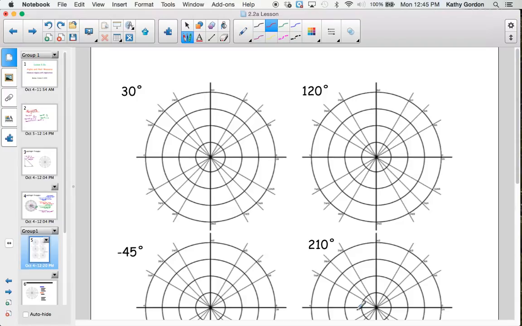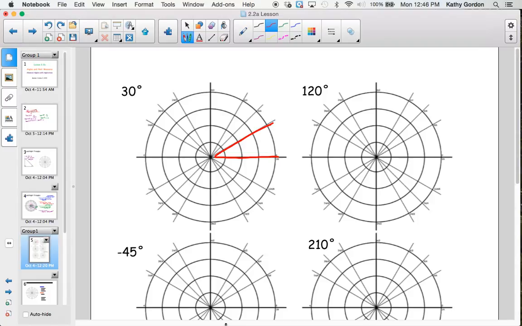Michaela, come show us what 30 would look like. Okay, everybody agree with that? As I was walking around, I did notice a couple of you shading in the inside of the angle once you have drawn it. Don't do that. It's kind of a picky thing, but we are at some point going to talk about area inside of the circle that's made by our angle.